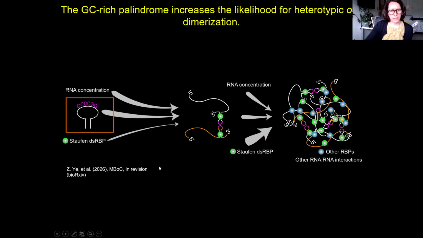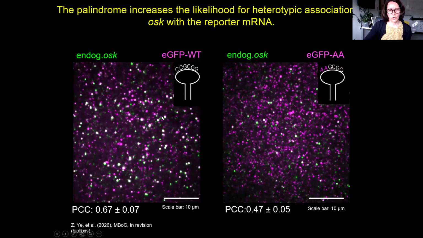The way we observed that was that we generated flies that co-expressed, along with the endogenous oskar RNA, a transgenic RNA that carried an open reading frame of the GFP sequence, and it actually contained the palindromic sequence, the stem loop structure of the endogenous oskar. And we were able to label both RNAs with green and magenta, and we observed that they were colocalizing with each other, so they were co-organizing.